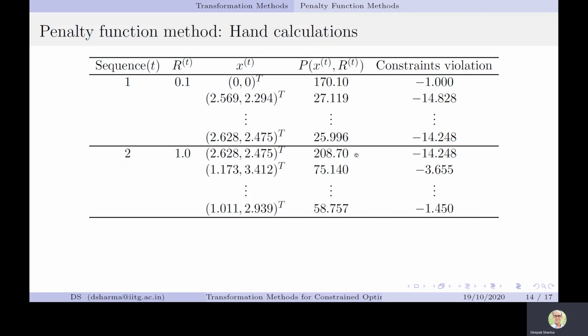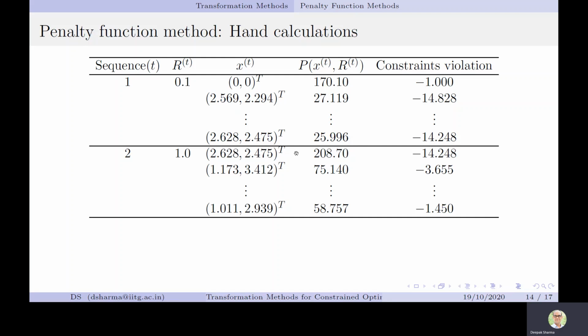Why? Everything is the same, only the value of R is changed from 0.1 to 1, and that's why the penalized function value is more. The constraint violation will remain the same because the point is the same.